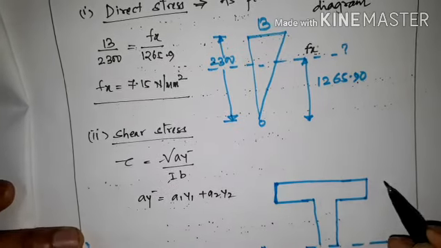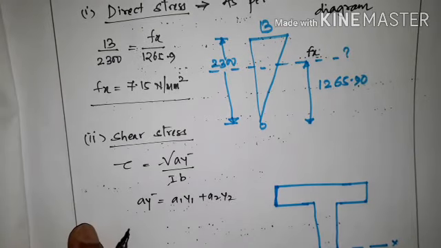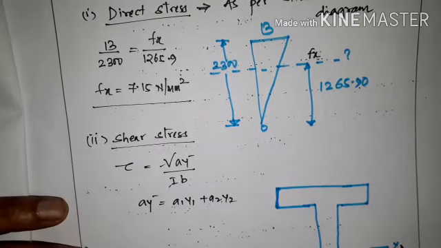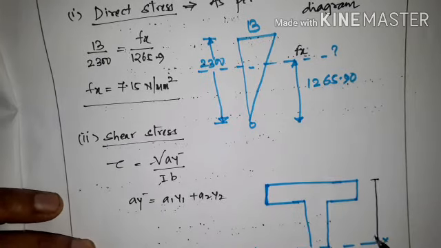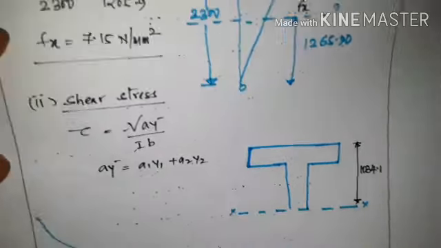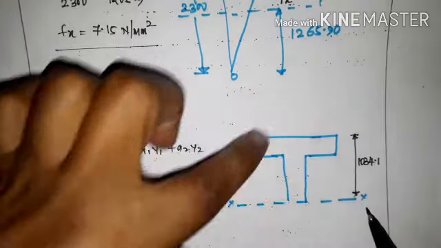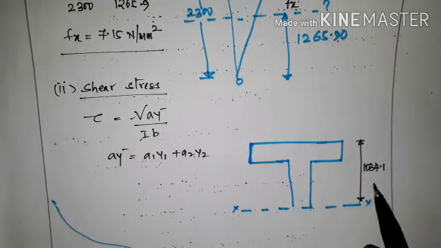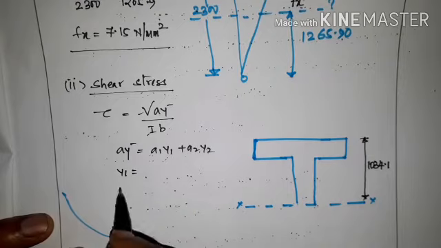This distance, the portion subjected to compression above the neutral axis, is 1034.1.